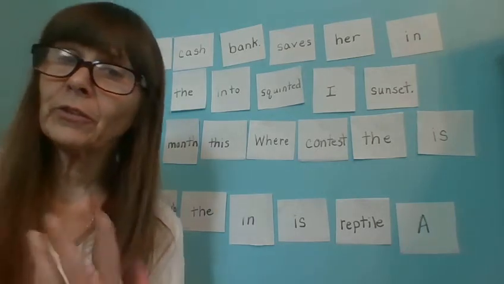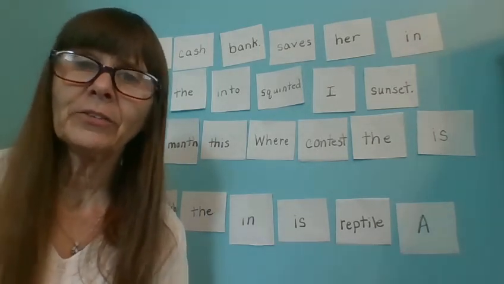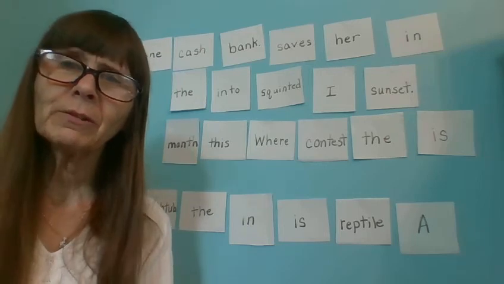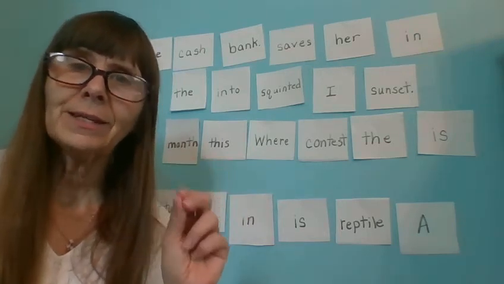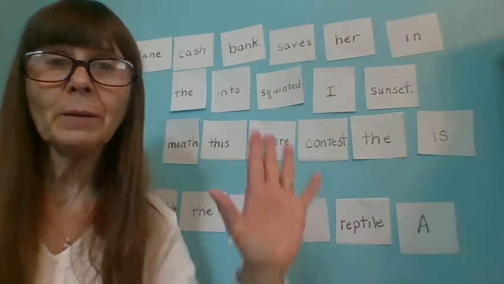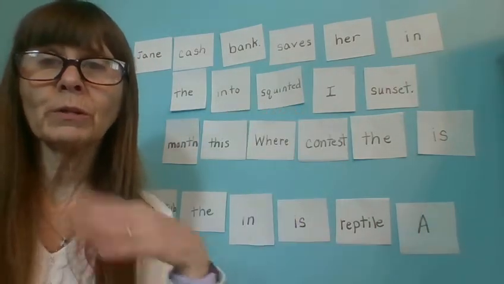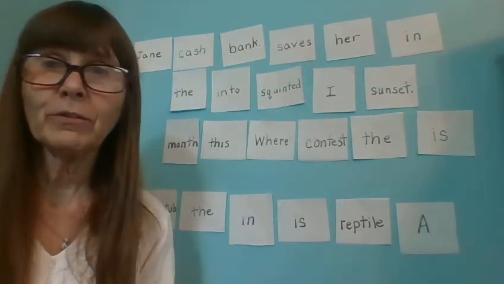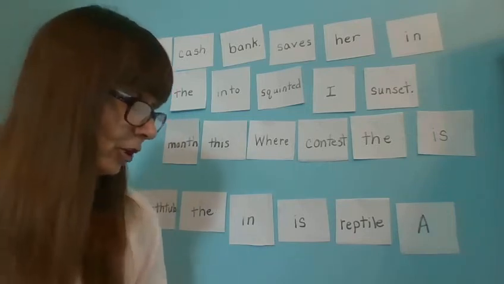And then we're going to look at some that have the vowel consonant E syllable. And it's really important to be on the lookout for that E, because that changes the way we say the word. So sometimes as you look at the beginning of the word, you also want to look at the end of the word and see if maybe there's an E there that's going to change the vowel sound.